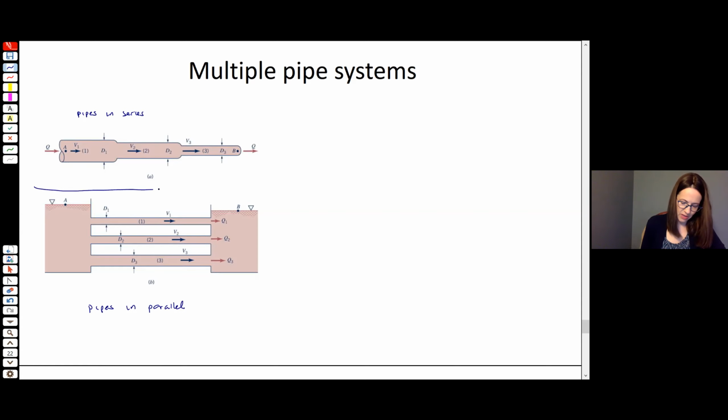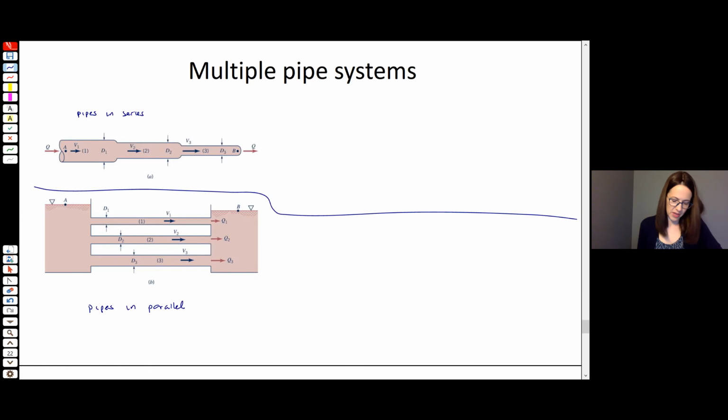So there's something really fascinating here. Let's look at the continuity equation. For this particular system, we've got Q is equal to Q1 is equal to Q2 is equal to Q3, just by continuity, right? The flow rate has to be the same through all the sections of pipe.